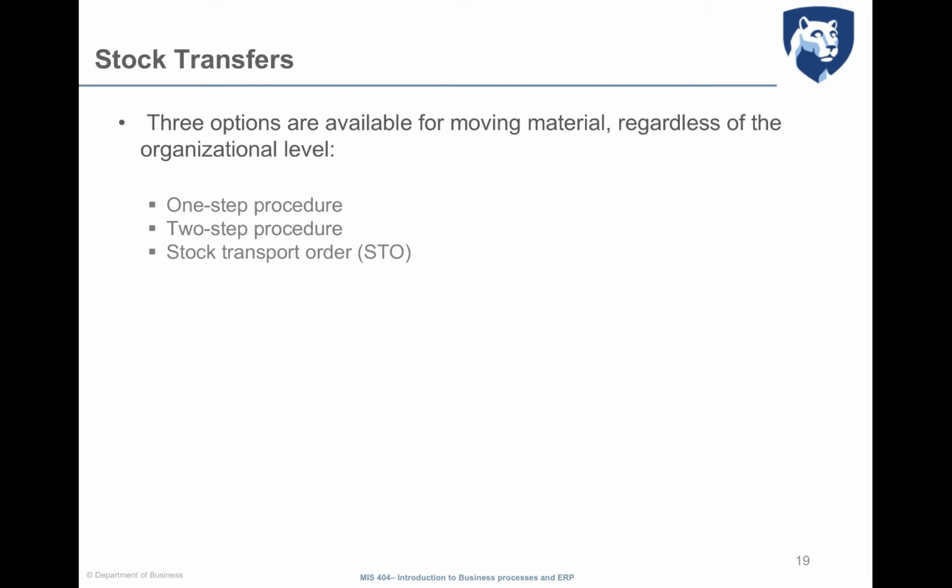Regardless of whether we are in the scenario of moving materials between storage locations within one plant, between plants in one company code, or between plants in different company codes, which are three scenarios of increasing complexity, there are essentially three options available for moving materials, for registering stock transfer: the one-step procedure, the two-step procedure, and the stock transportation order. Let's discuss them briefly.